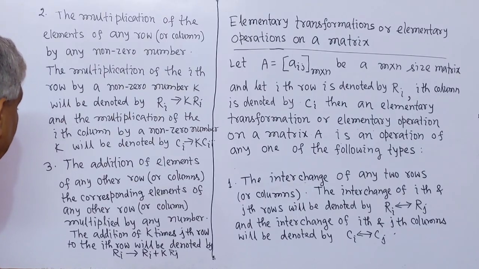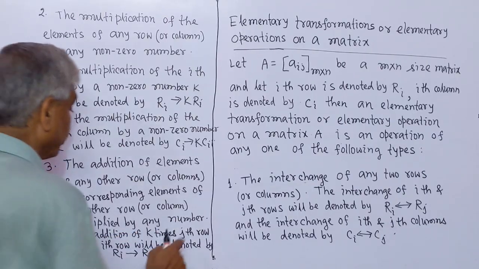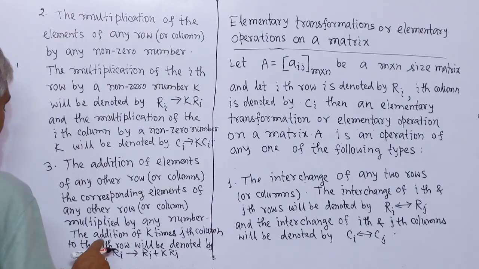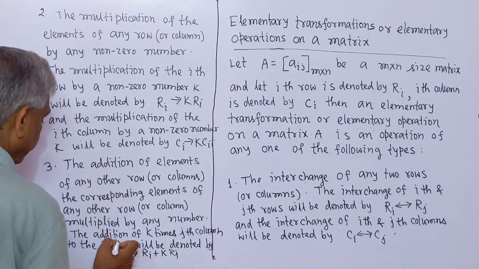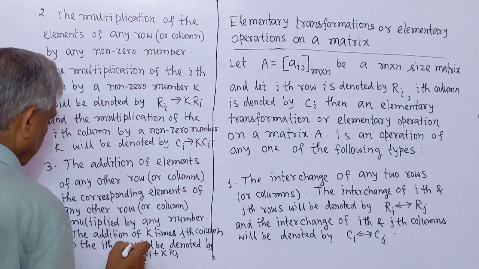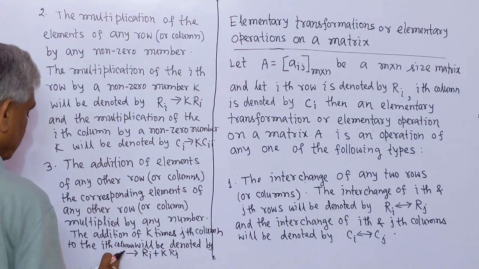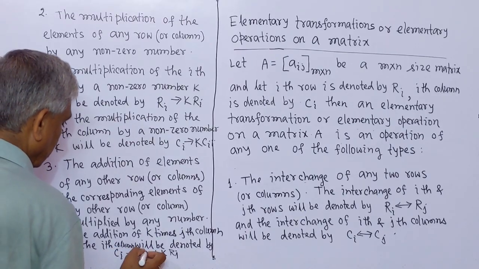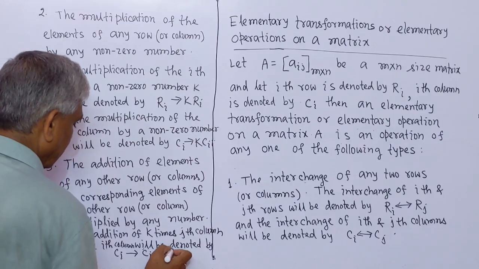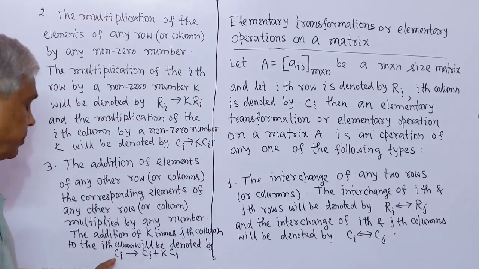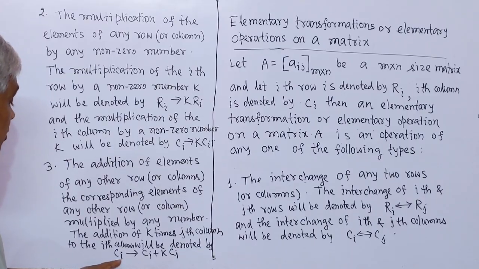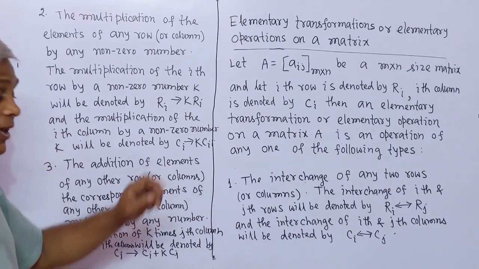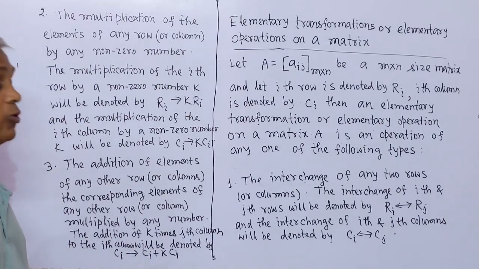Similarly, the addition of k times the jth column to the ith column will be denoted by Ci ⟹ Ci + kCj, which means in the position of the ith column we write the elements of the ith column plus k multiplied by the elements of the jth column.